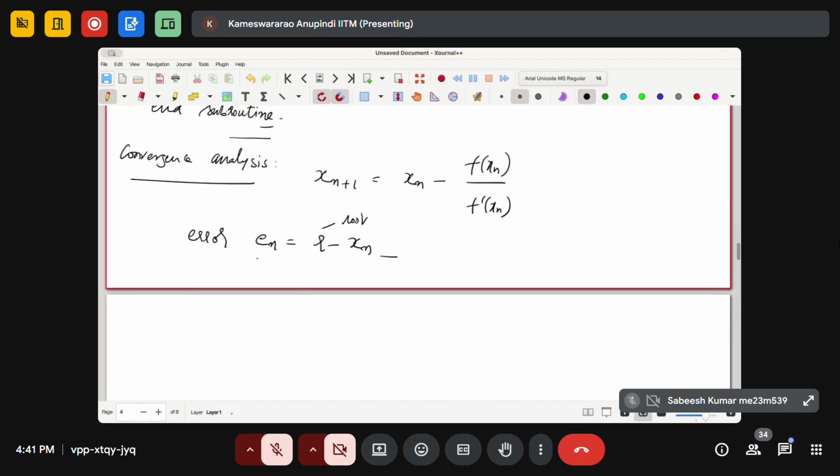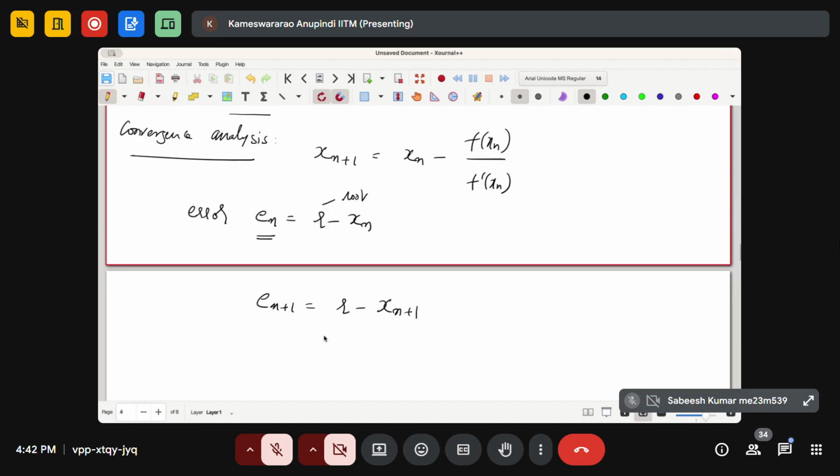Similarly, the error at n plus 1 is going to be r minus x_{n+1}, because my root is the same, only my x_n is changing.